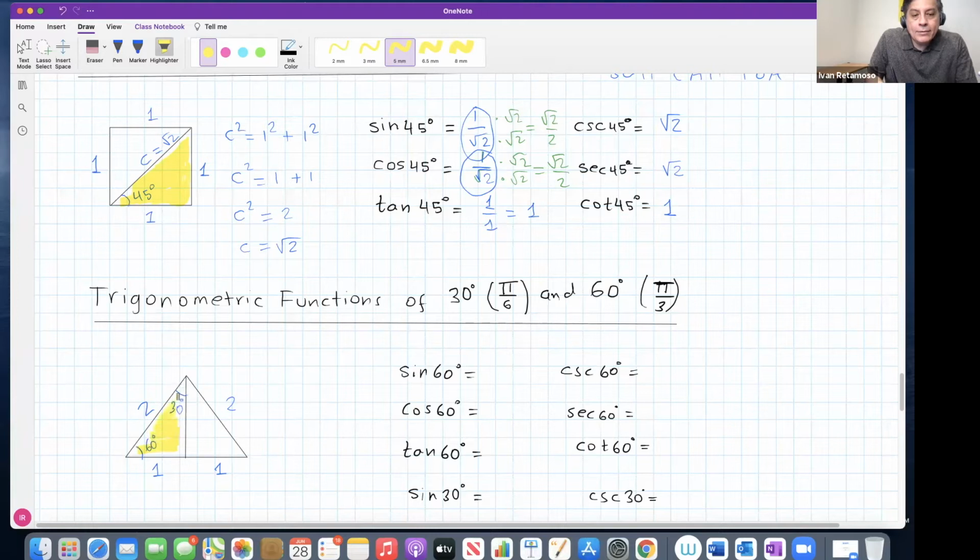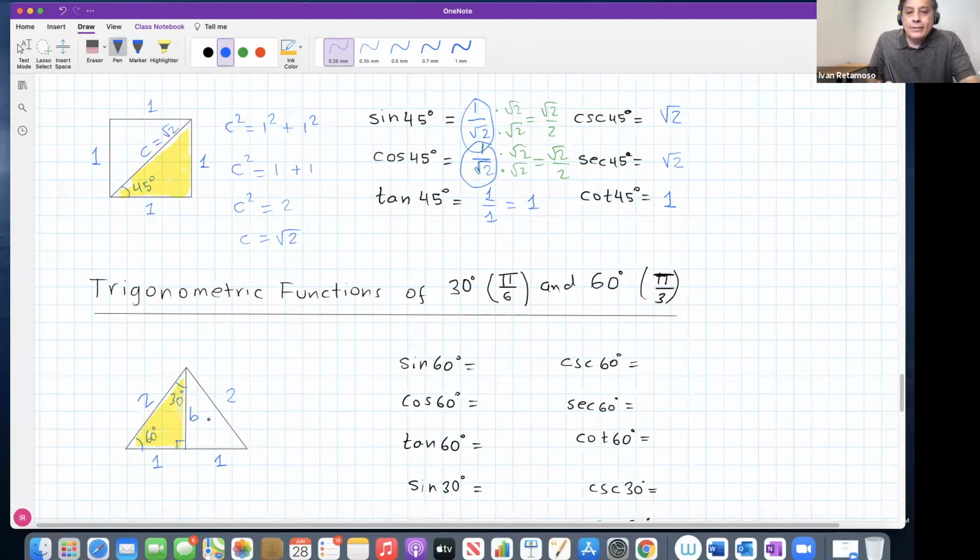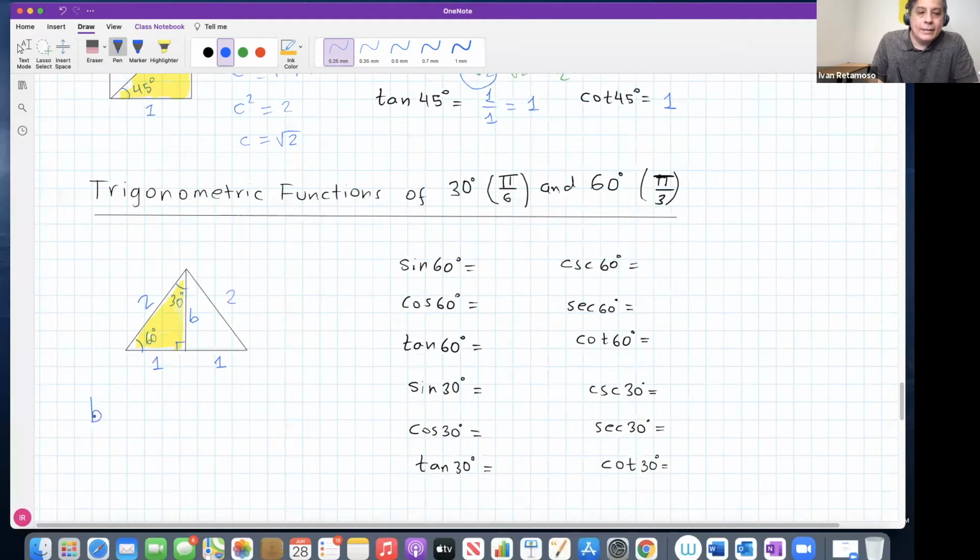So I want you to focus now on this triangle, right? This is showing the two angles we are after, 60 degrees and 30 degrees. So let's use this triangle to compute the trigonometric function of 60 degrees and 30 degrees. But before we start, let's complete this triangle. We don't have this height, let's call it B. Using the theorem of Pythagoras, that B can be found.